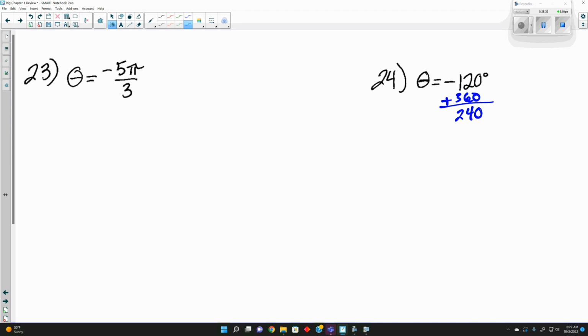So here, sine of negative 120, I can look at 240, which is negative square root 3 over 2. Cosine of negative 120 is negative 1/2.